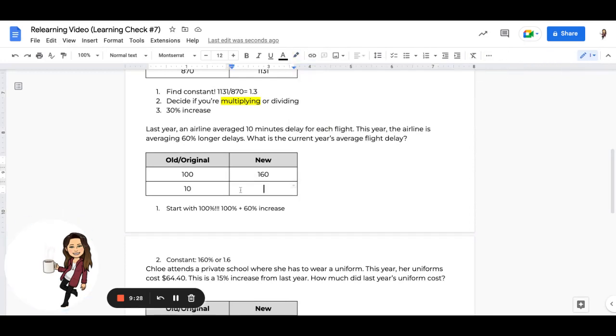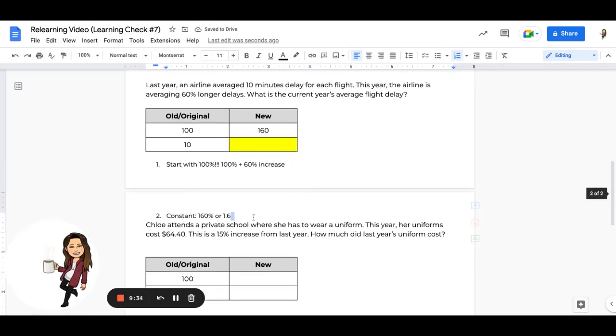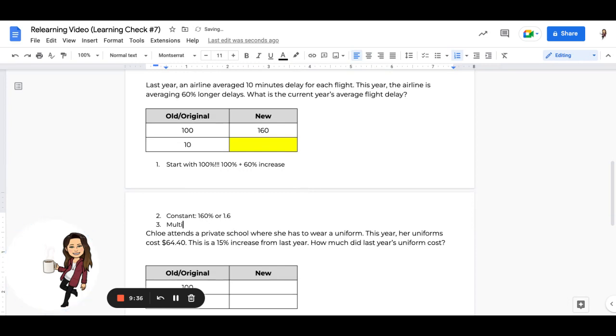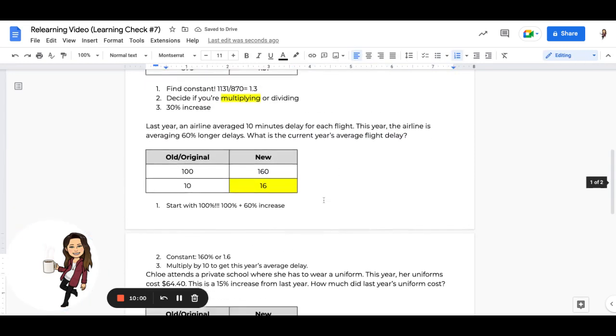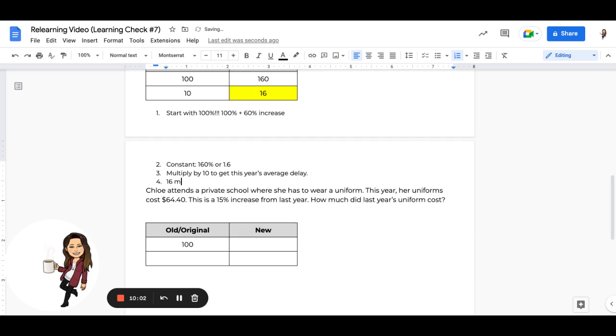We're going to go forward to get that number. So we're going to be multiplying by 10 to get this year's average delay. So you're going to do 1.6 times 10, and that's going to give you 16 minutes. 16 minutes average flight delay.